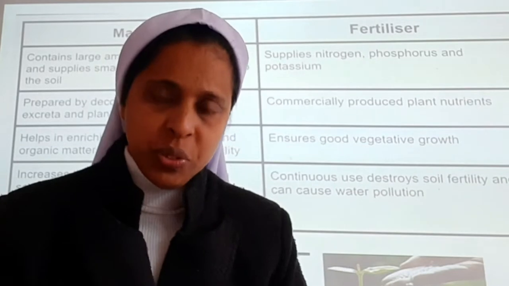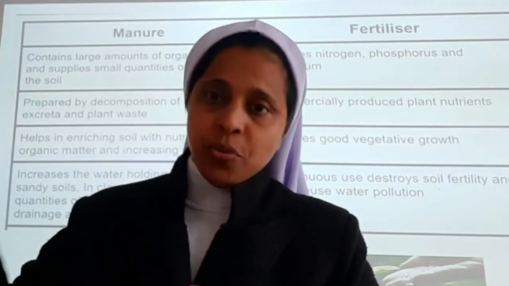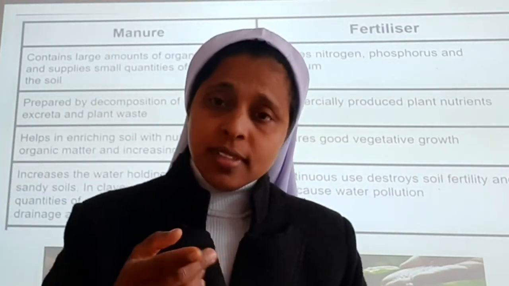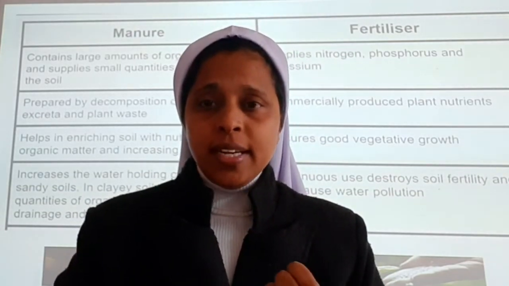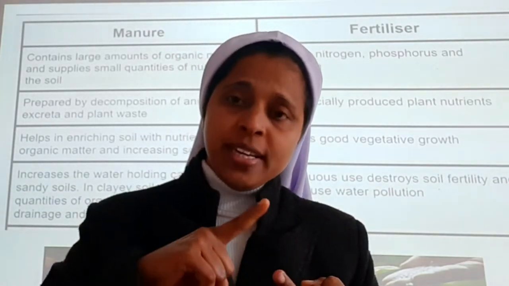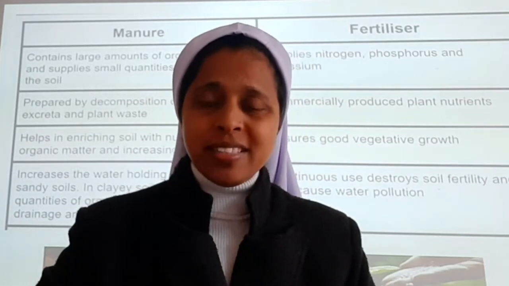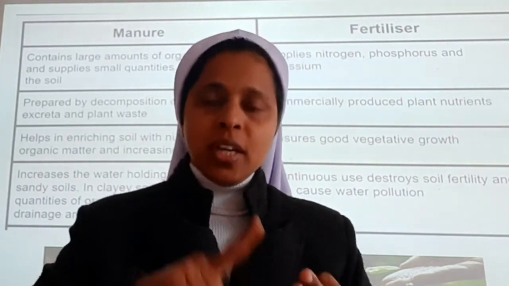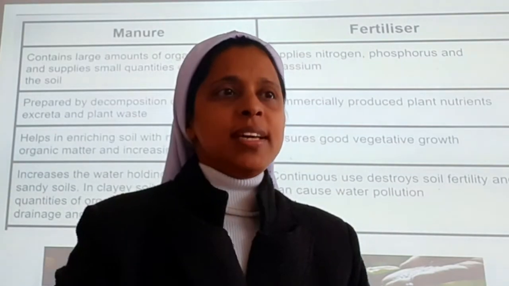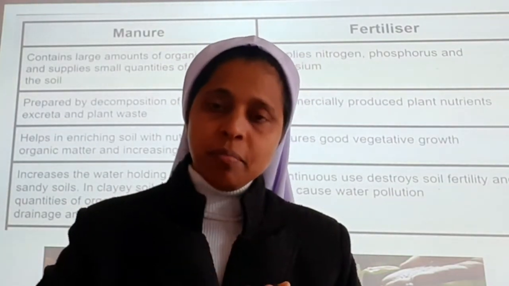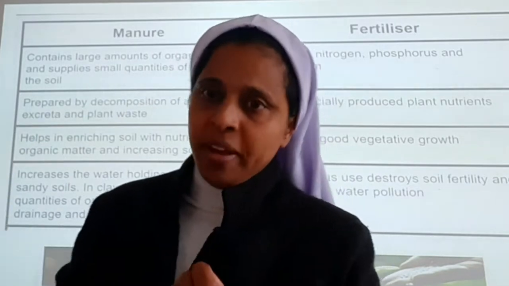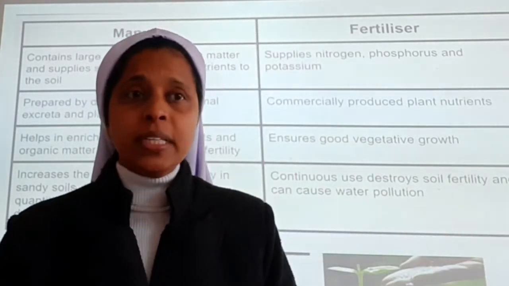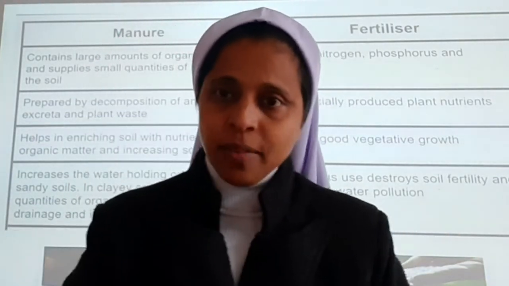Let us know the differences between manures and fertilizers. Manures can be the excreta of living organisms, vegetable waste, vegetable peels, domestic waste, the decomposition of animal waste, or organic biological waste. All these compose manures.